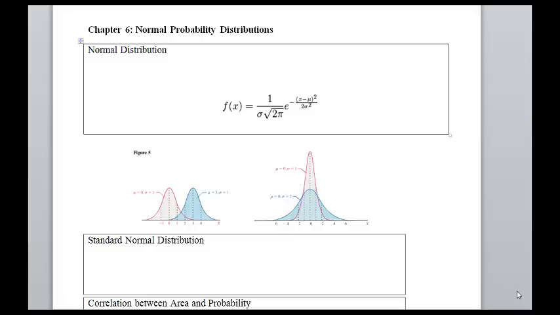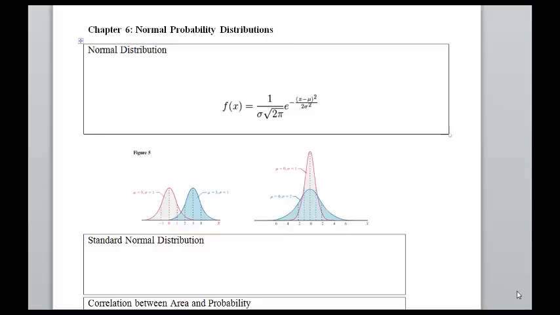Okay, chapter 6. We are talking still about probability distributions, but in chapter 6, we're going to focus on another type of distribution. It's the normal probability distribution.